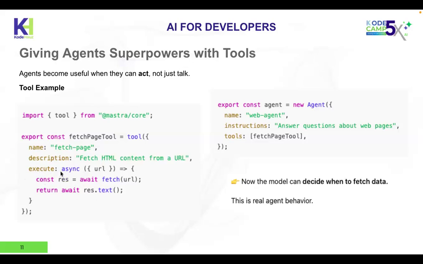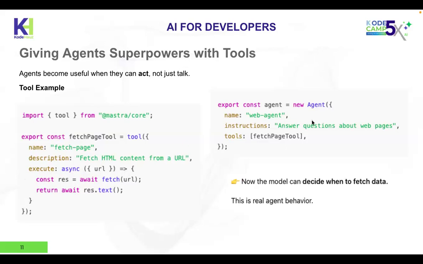So you have the execute, and then you have this as a callback in JavaScript. So this can be anything. You can just make a simple function like this. It can be a simple function, right? Or it could be a class. It could be anything, right? So that's the benefit of using Mastra.